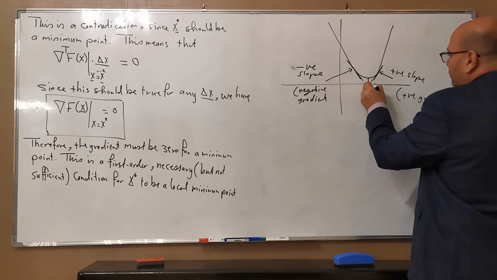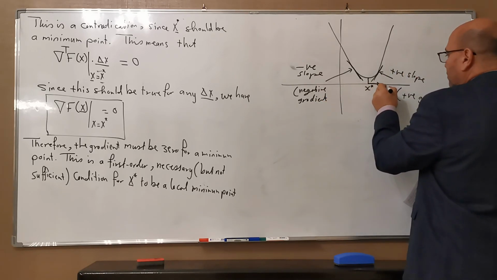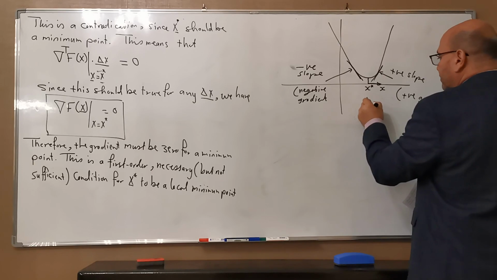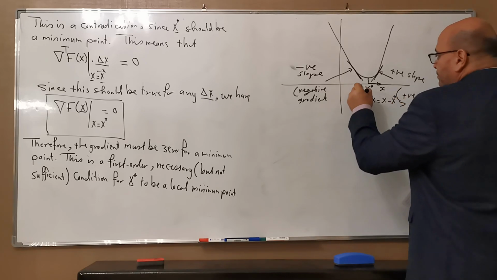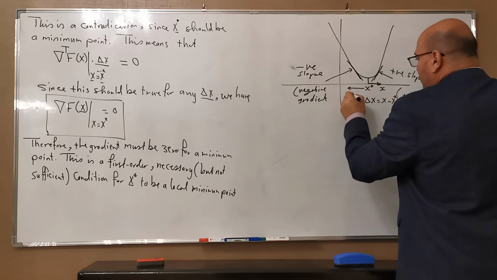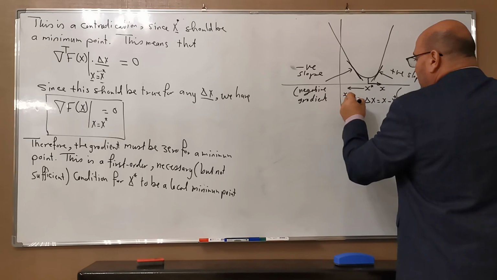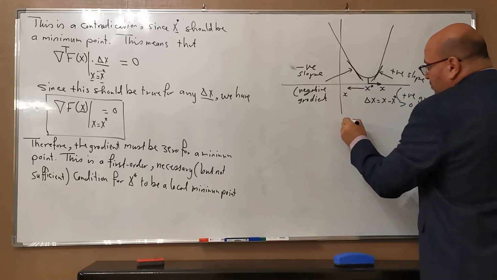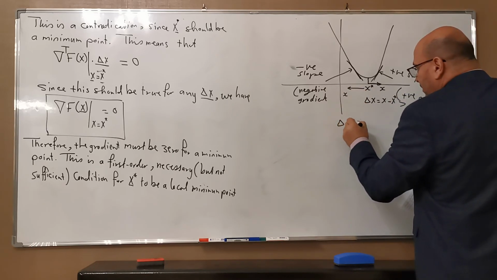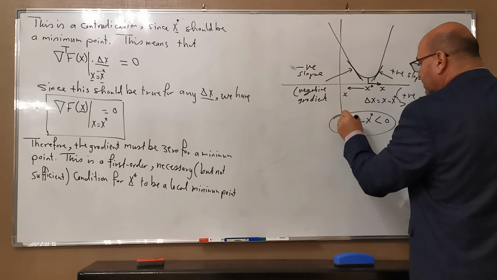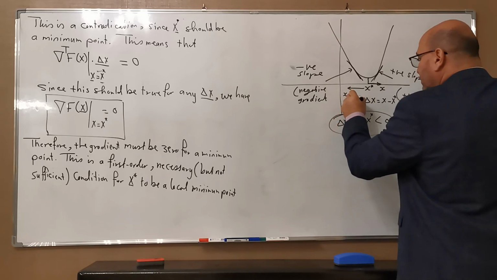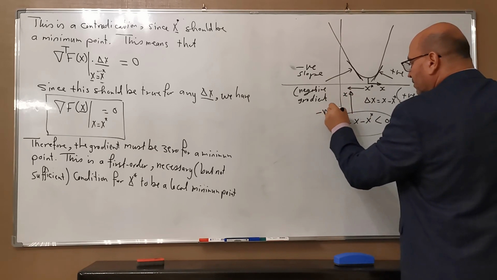Now if you move in this direction and you have x here, then delta x is equal to x minus x star, and this one is greater than 0. If you move to this direction, then delta x is equal to x minus x star, and it's less than 0. So delta x here is negative.